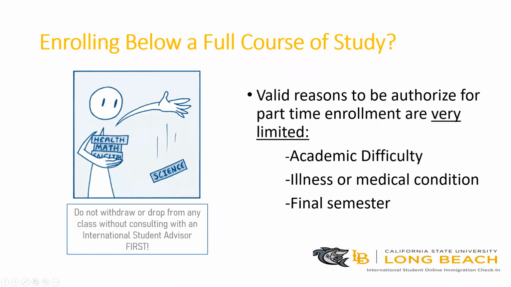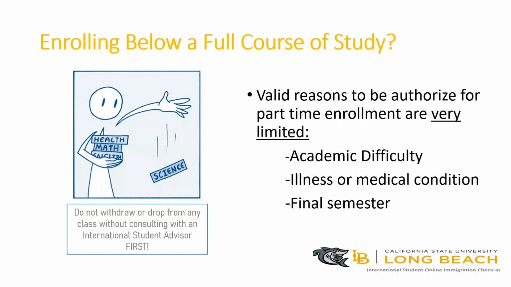Enrolling below a full course of study. Students who are enrolled in less than full-time without authorization will be in jeopardy of losing their F-1 status and will need to resolve the status issue in order to legally continue studying in the U.S. The following is a list of possible reasons which can be discussed for enrolling below a full course of study.